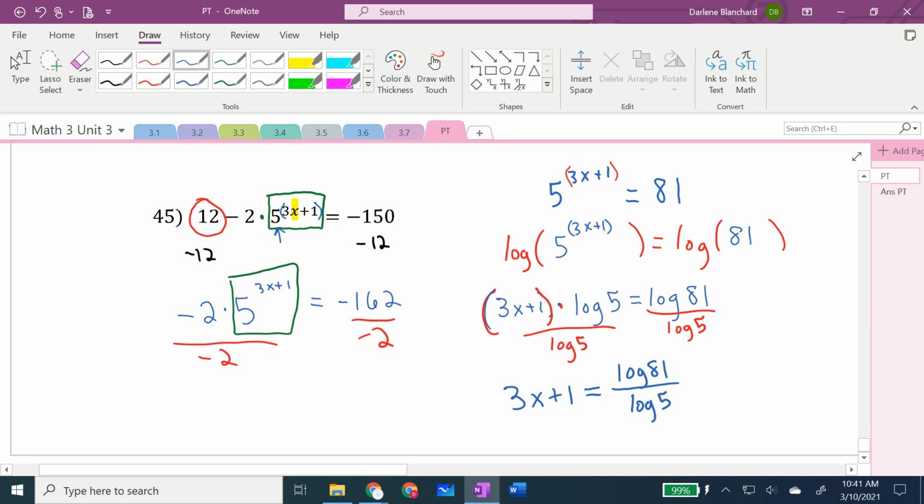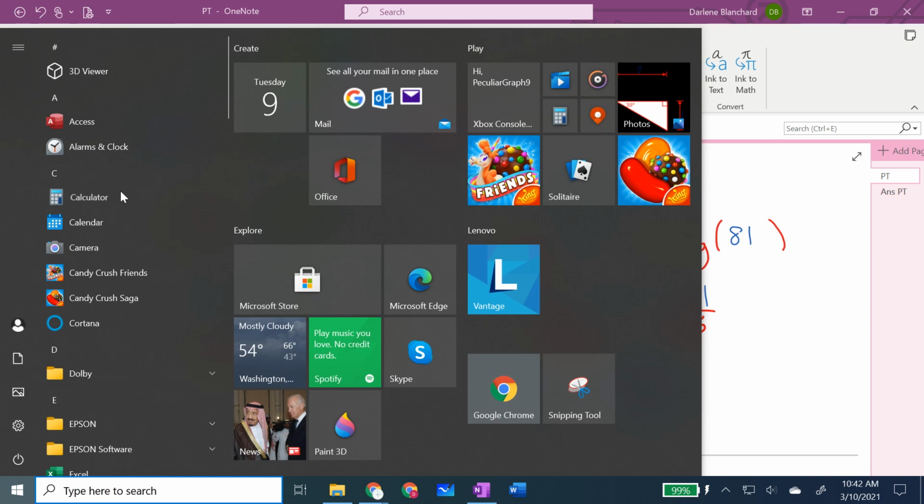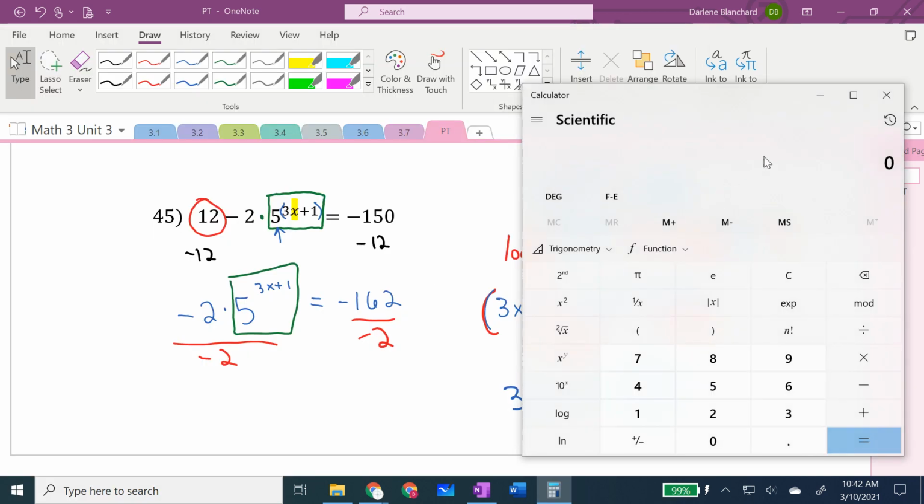And now is when you want to get your calculator out. And with your calculator, you want to find the log of 81 and the log of 5. So let me grab my calculator. With your typical, I guess this is Microsoft Calculator.